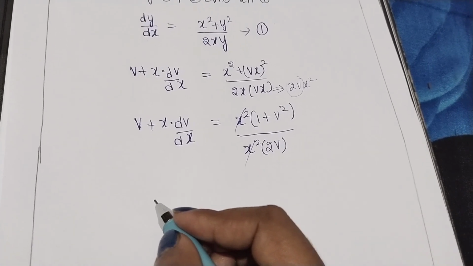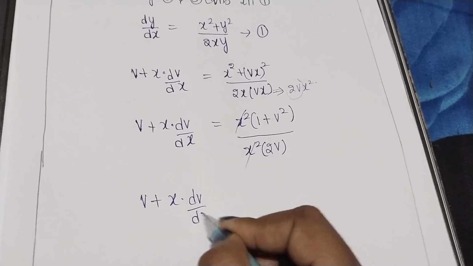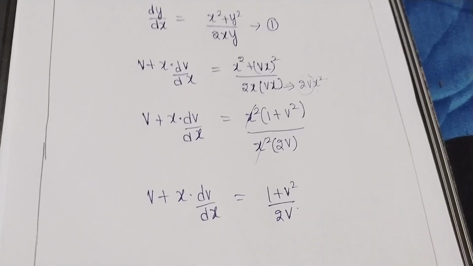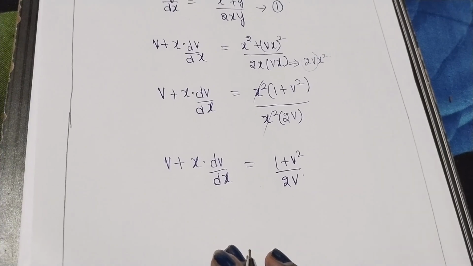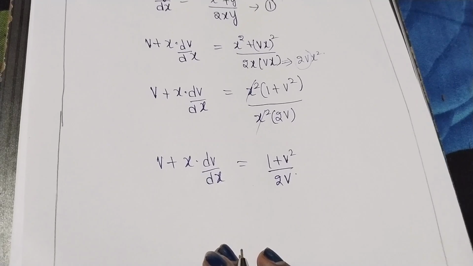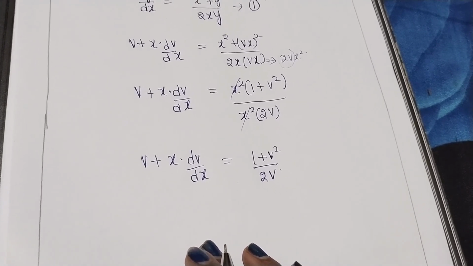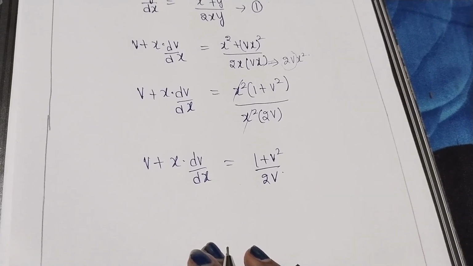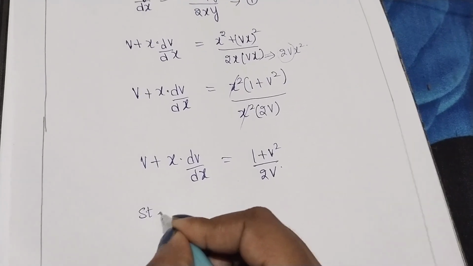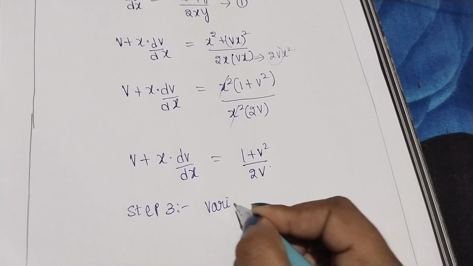Now we have v plus x into dv by dx equals 1 plus v square divided by 2v. Now the third step is to segregate v terms and x terms. It's the beginning of the variable separable method. So let's apply the variable separable method, which is step 3.